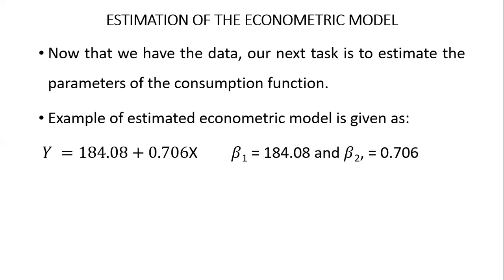So beta 1 is equal to 184.08 and beta 2 is equal to 0.706. After we applied econometric tools to our data, we were able to estimate beta 1 and beta 2.